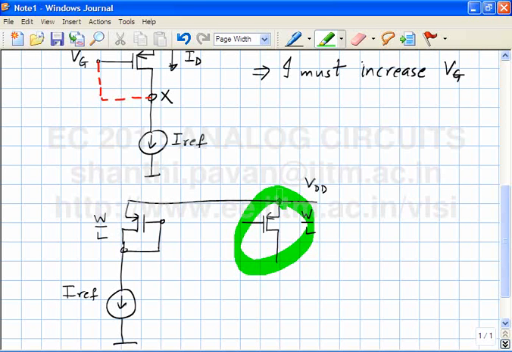Okay, this is a completely flipped over version of the current mirror, and we have done this with respect to the NMOS transistor, so there is hardly anything exciting.